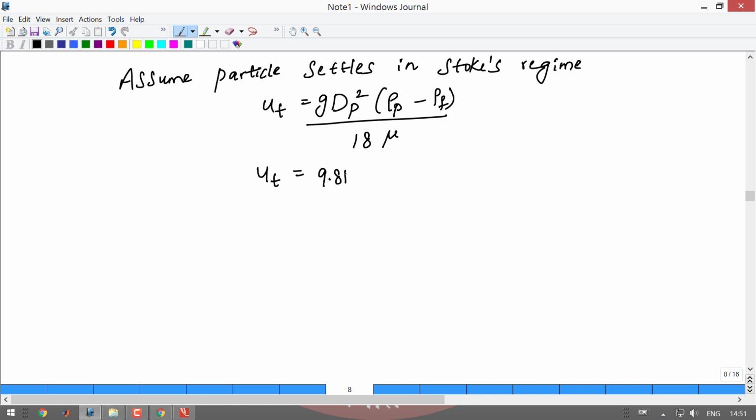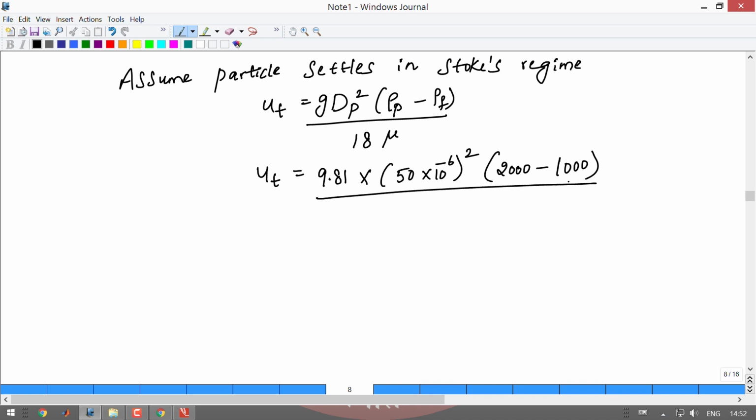G is the acceleration due to gravity, which is 9.81 meter per second square, and the diameter of the particle is 50 micron. Rho p is the density of the particle, which is 2000 kg per meter cube, and rho f is the density of the fluid, which is 1000 kg per meter cube divided by 18 times viscosity of the fluid, which is 0.001 Pascal second.